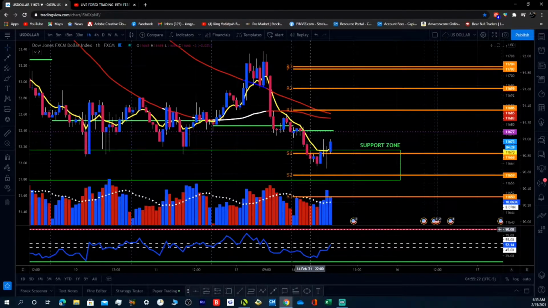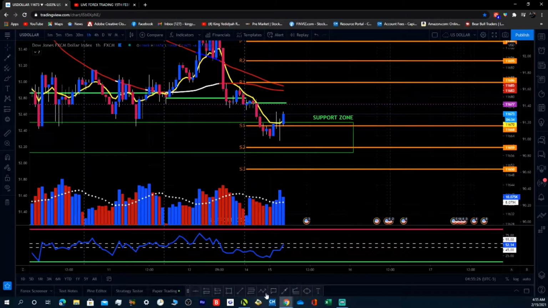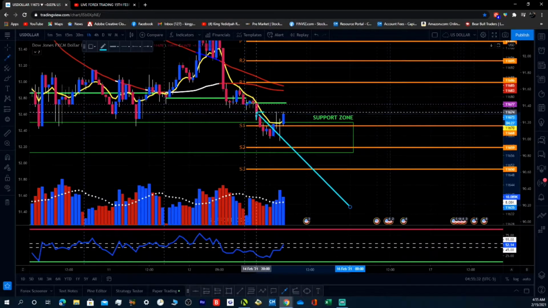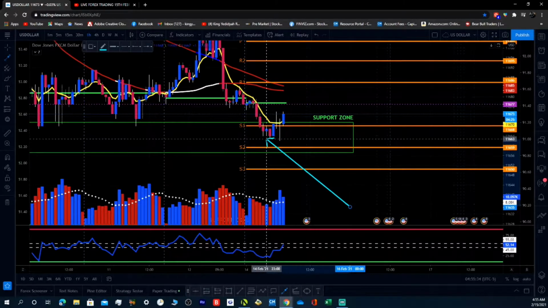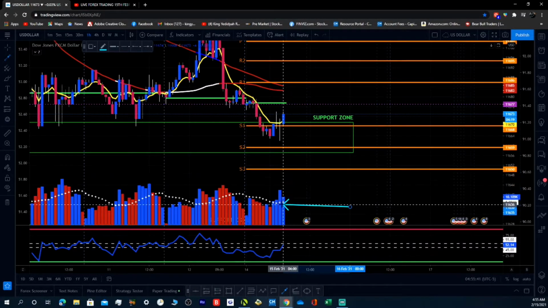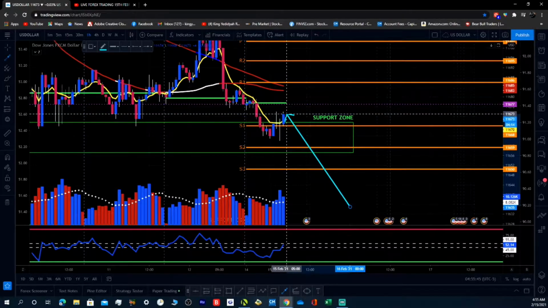The US dollar had a little, hold on, let me grab my arrow. Alright, boom. So the US dollar had this push down into the support zone. We created somewhat of a double bottom here, and this had some high volume, so we pushed up and now we're pushing up again.